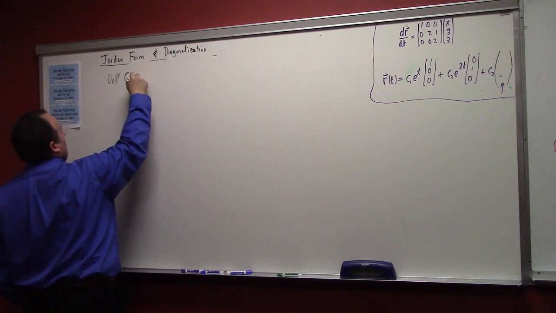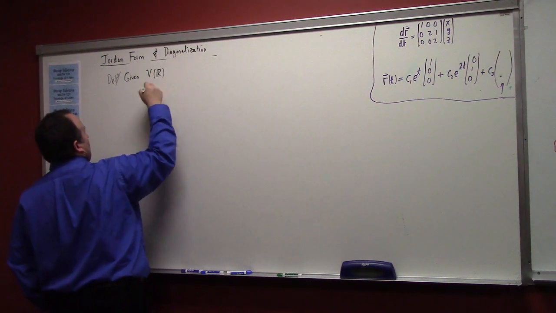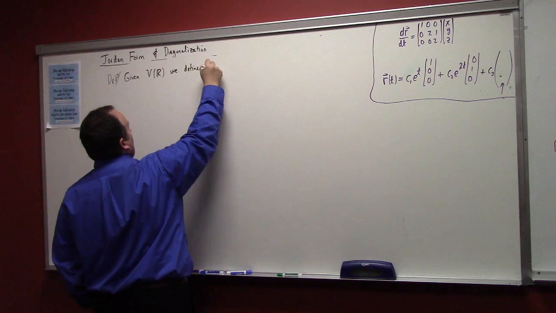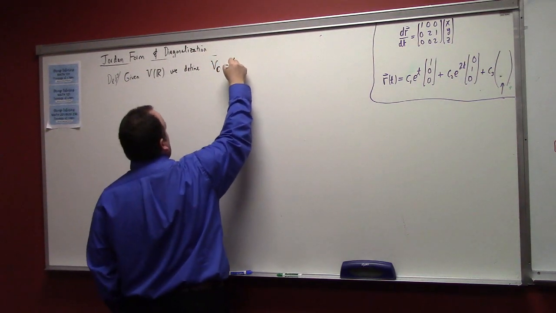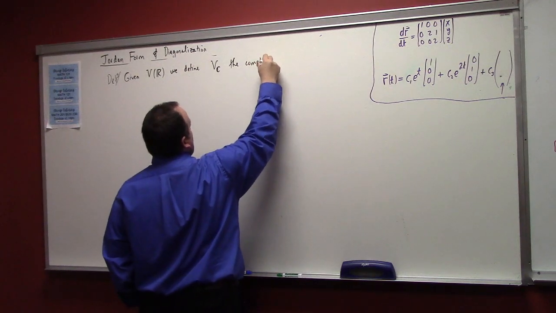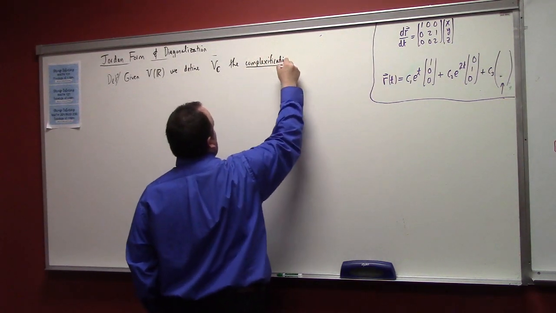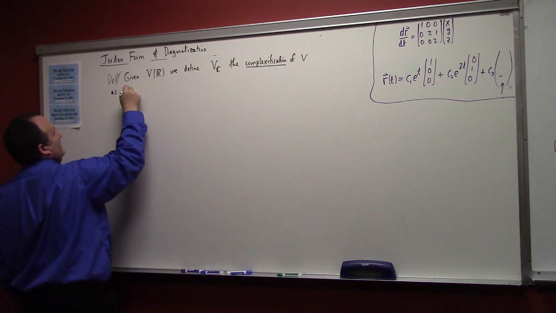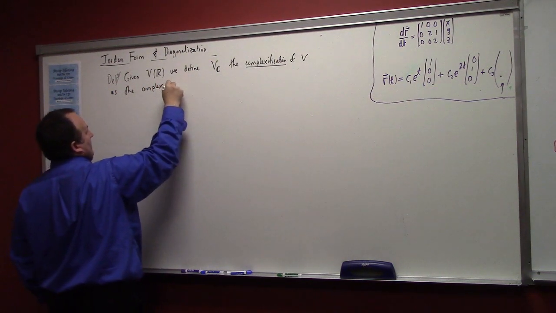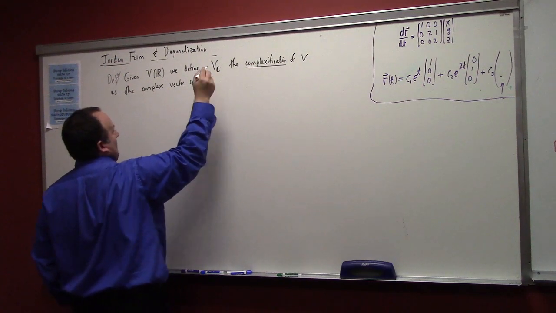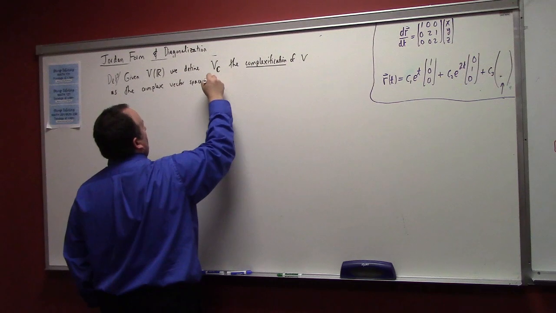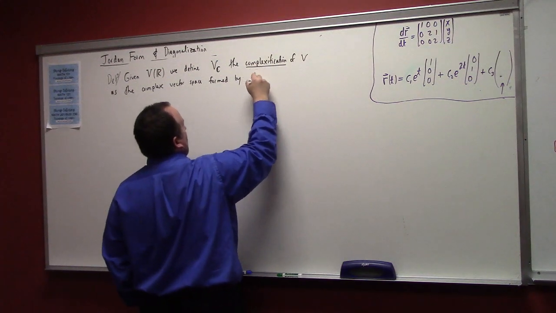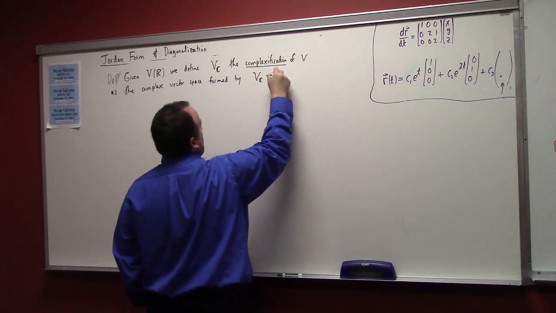Given V over the reals, a real vector space, we define V sub C, the complexification of V, as the complex vector space formed by V sub C equals V cross V.